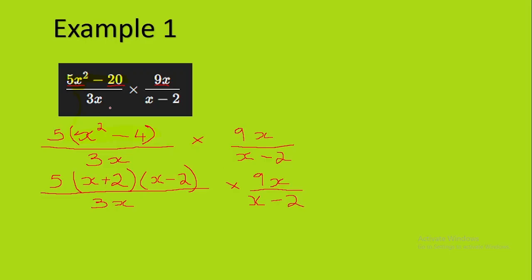So far, all we have done is factorize the 5x squared minus 20. We took the 5 out as the highest common factor. Afterwards, inside the bracket we had x squared minus 4, which is literally just the difference of two squares, so we factorized using that, and we have our two brackets, x plus 2 and x minus 2.